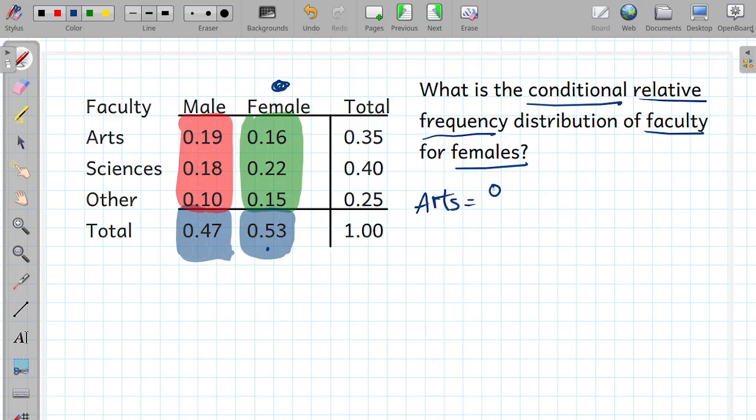But here, we really should simplify this. Here we have arts with 16 percentage points out of 53 percentage points. In the interests of clarity for the readership, this should be reduced. So grabbing my calculator, we have 0.16 divided by 0.53. That works out to just over 30%.